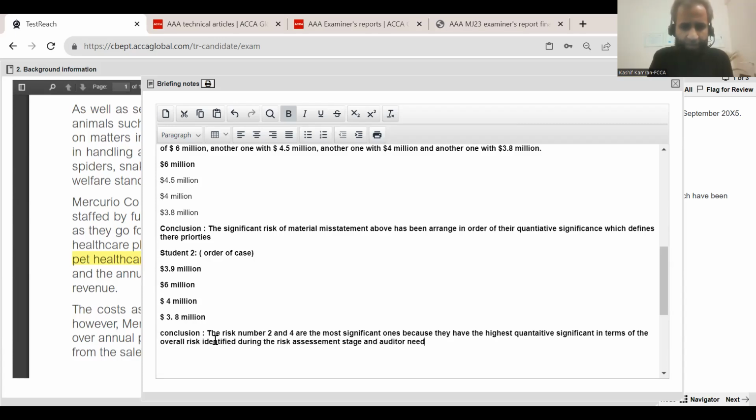And the auditor needs to be skeptical during audit to address these risks.